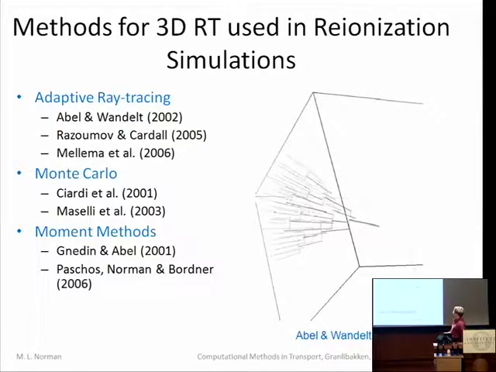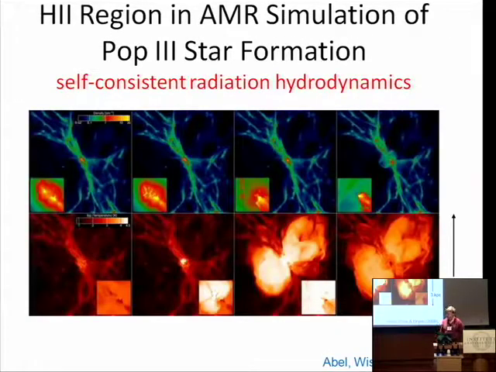There's also Monte Carlo, which I won't talk about, and then there are the moment methods, first introduced by Gnedin and Abel, and we've done some work on that ourselves. So this adaptive ray tracing is very powerful. It's been used, for example, to do this self-consistent simulation of the growth of an HII region around a Population III star.